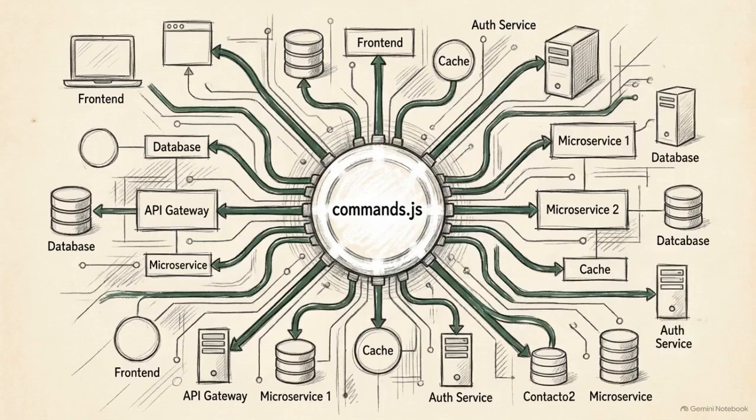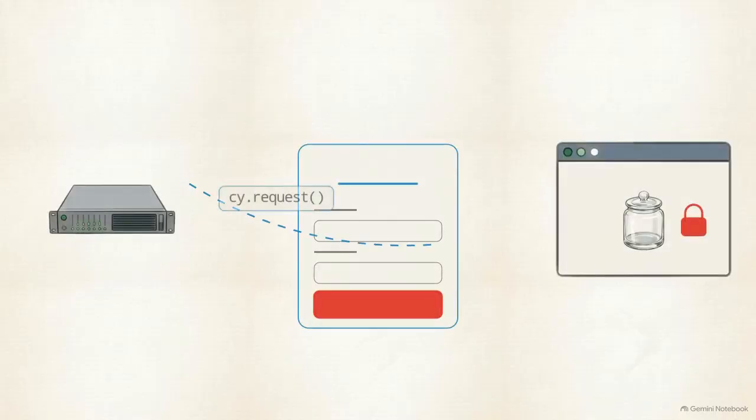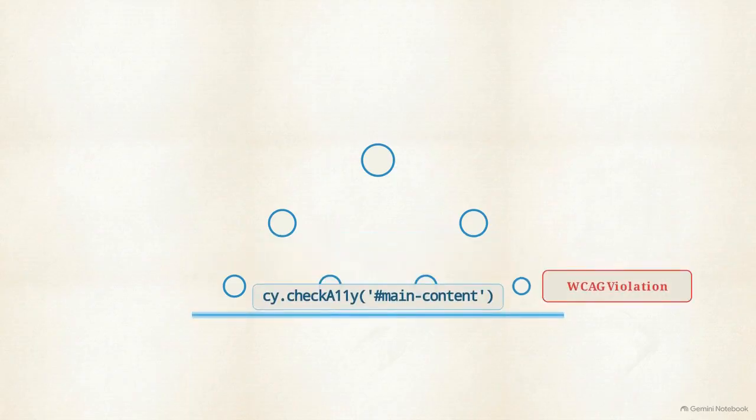The most effective use of custom commands is orchestrating global application setup operations. When establishing test state, you should skip the UI entirely. Use cy.request to inject authentication tokens directly into the browser, bypassing slow, repetitive login screens. Another ideal candidate for a custom command is integrating cypress-axe for continuous accessibility testing.